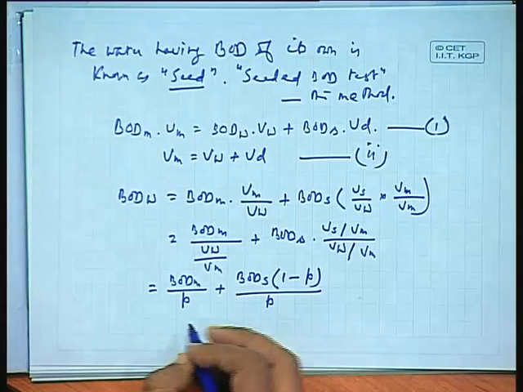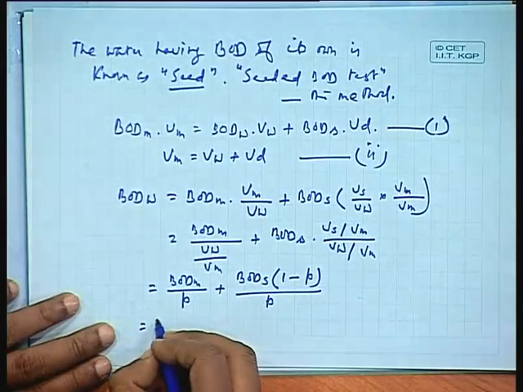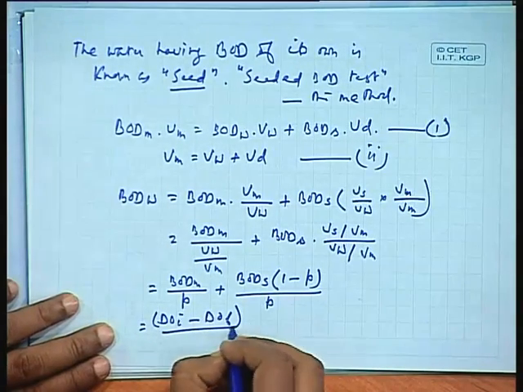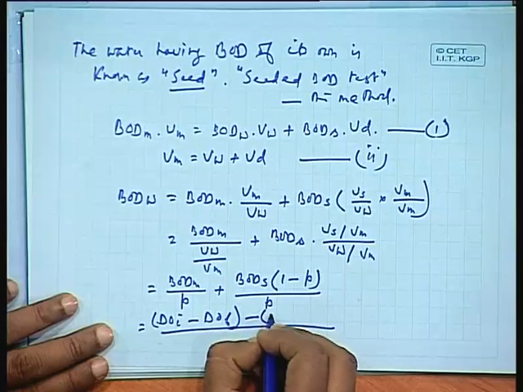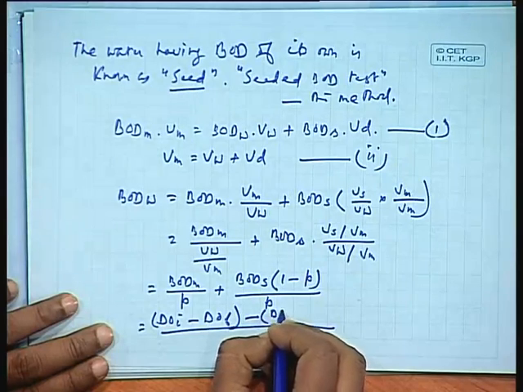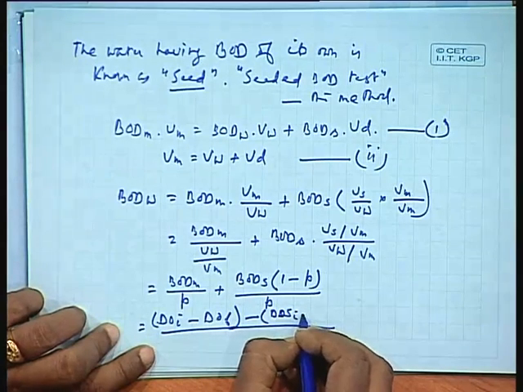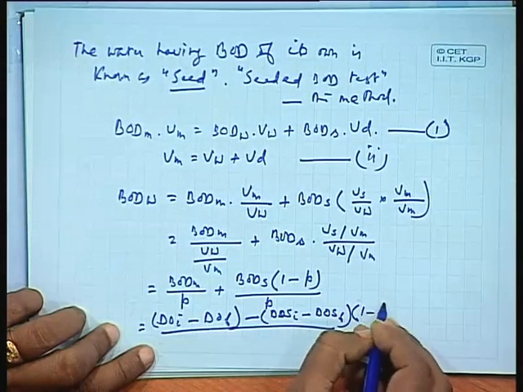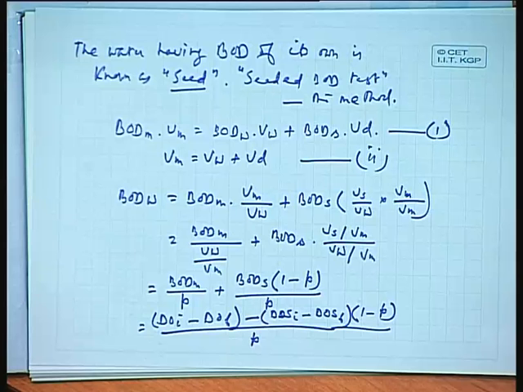This can also simply be written as DOI minus DOF divided by P, minus the BOD of the seed, that is DOSI minus DOSF, times 1 minus P divided by P. We have not done anything, very simple.